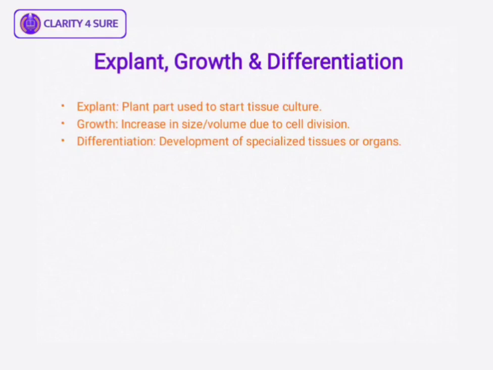Okay. Let's move to explant. Explant is a small piece of plant tissue used to initiate a tissue culture. Then growth. It is increase in size or volume due to cell division. Differentiation, cells become specialized for particular functions. Okay, we'll talk about two more, that is de-differentiation.